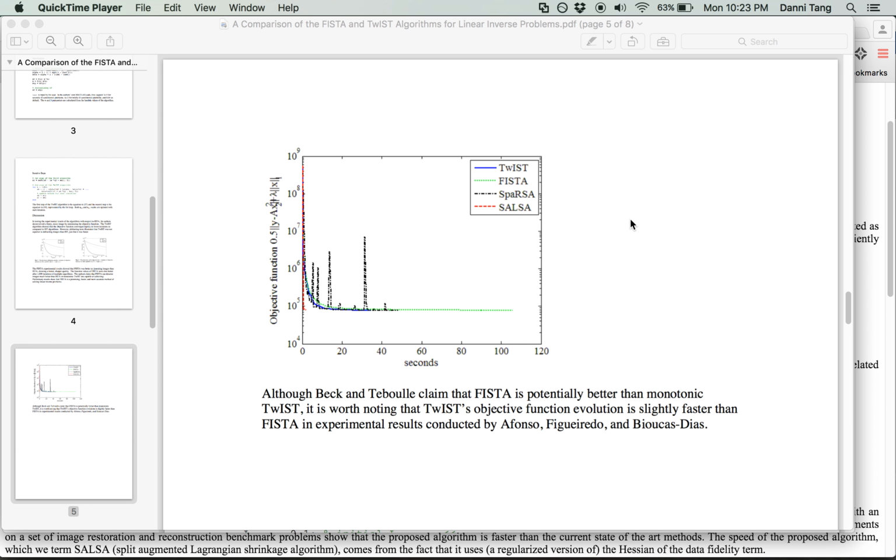So I guess it depends on your linear inverse problem. We can't say one is much better than the other, but they're both definitely better than the original ISTA method.